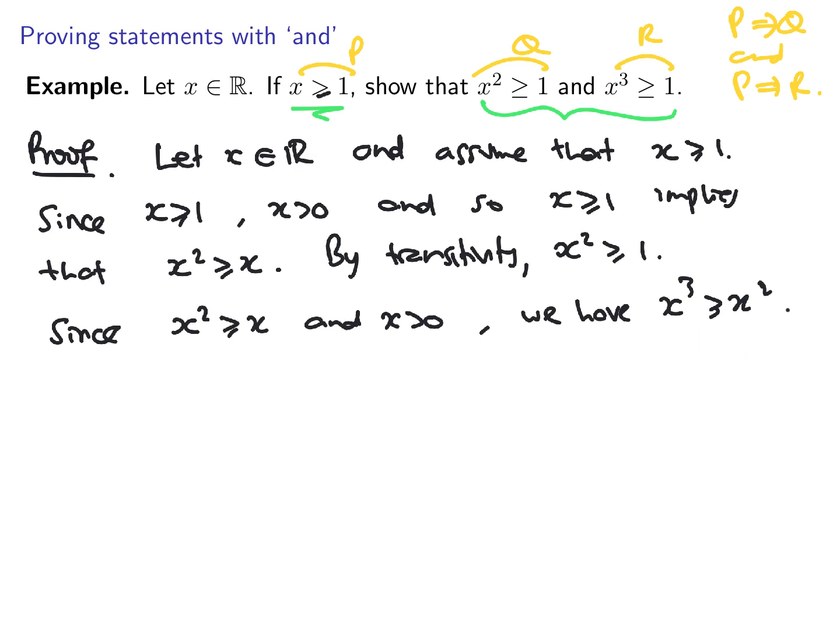Okay, so again, we already have that x squared is greater than 1. So again, by transitivity, x cubed is greater or equal to 1. Okay, so we have shown that after we assume x is greater or equal to 1, we show that x squared greater or equal to 1 and x cubed is greater or equal to 1, and we are done with the proof.